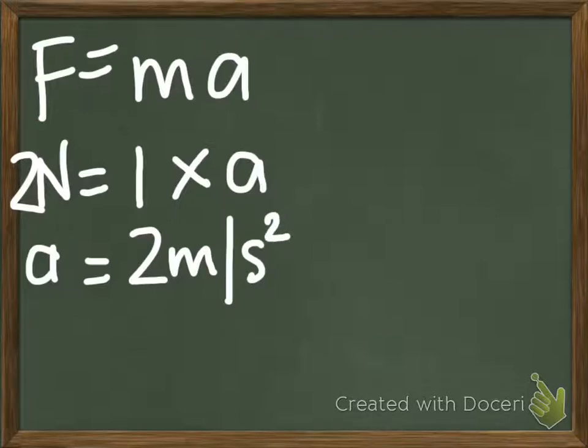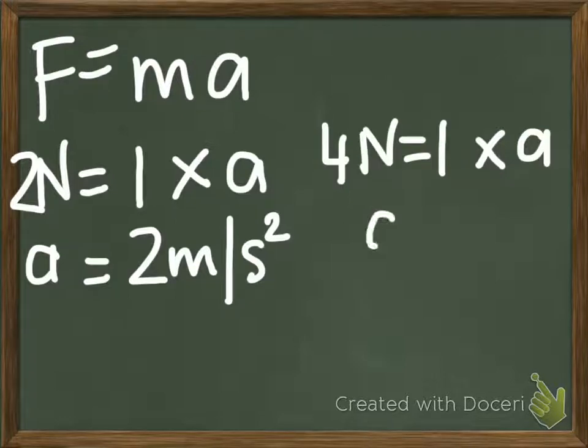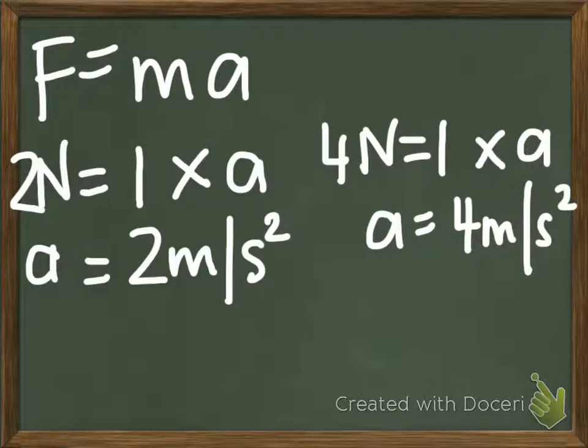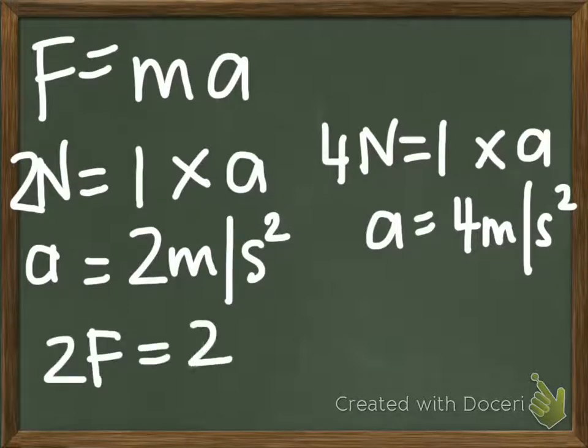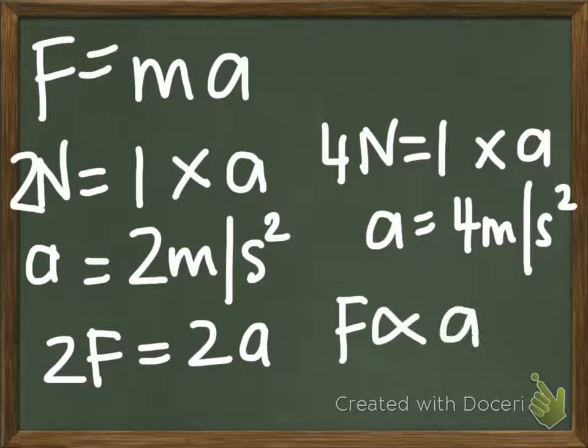However, if I have the same ball and I exert twice the amount of force on that ball, then my new acceleration is 4 meters per second squared. So if I double the force, I double the acceleration. The way that we express this relationship is that force is directly proportional to acceleration.